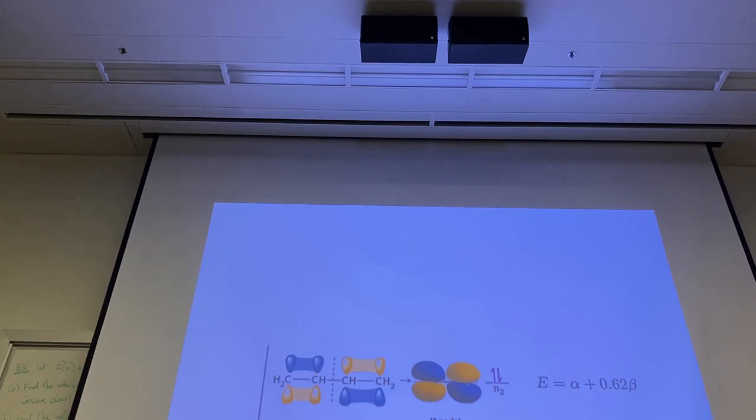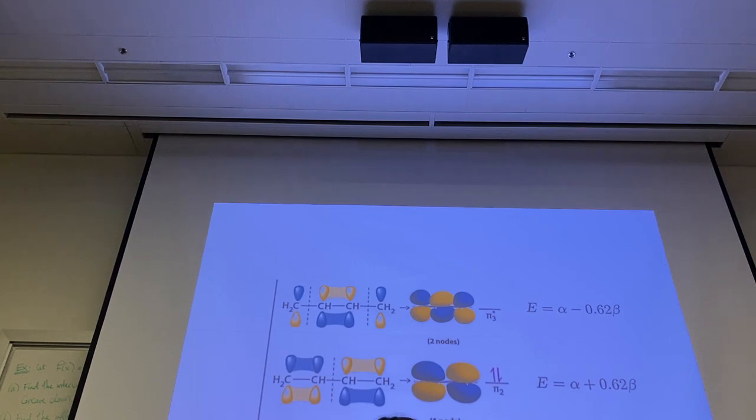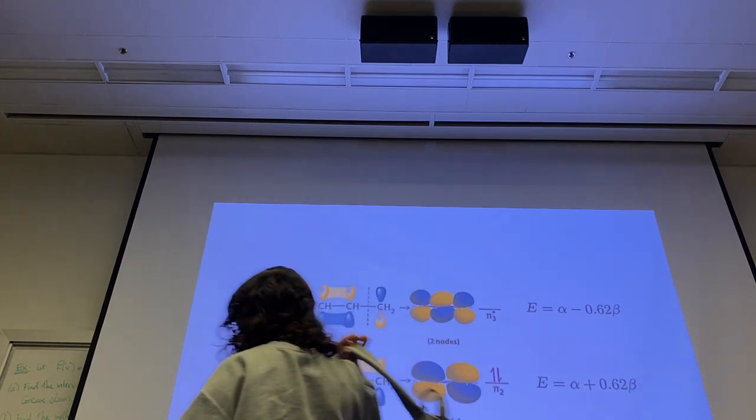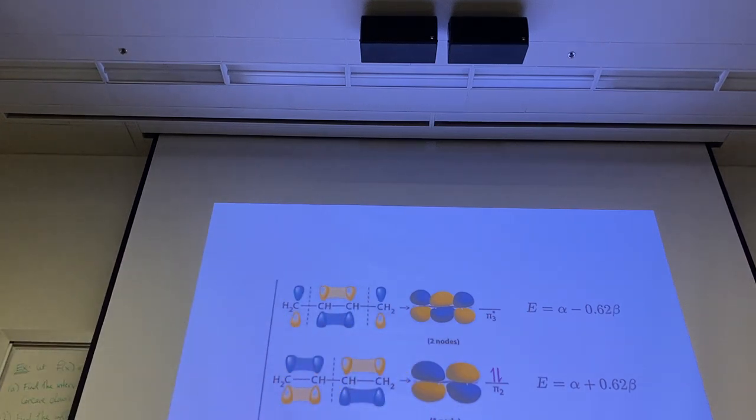What about the next one? Well, I'm guessing here that the next one will have yet another nodal plane. Okay? There's a trend here. Every time I'm going up in energy, I'm adding more nodes. So here it is. Indeed, if you plot the molecular orbital wave function, you get that picture over there. Okay? It has now 2 nodes. The energy indeed is higher.